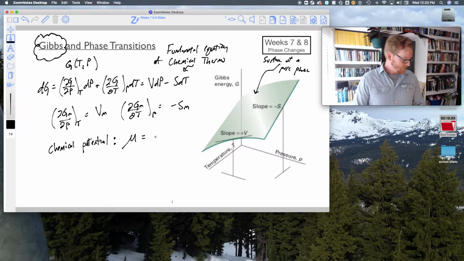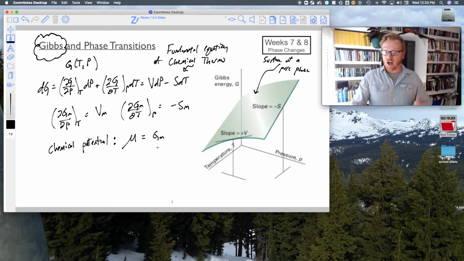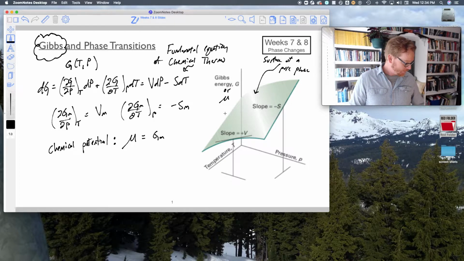And mu equals molar Gibbs free energy. So it's just another name for the molar Gibbs free energy. And note, it's not the change in Gibbs free energy, it's just the Gibbs free energy.